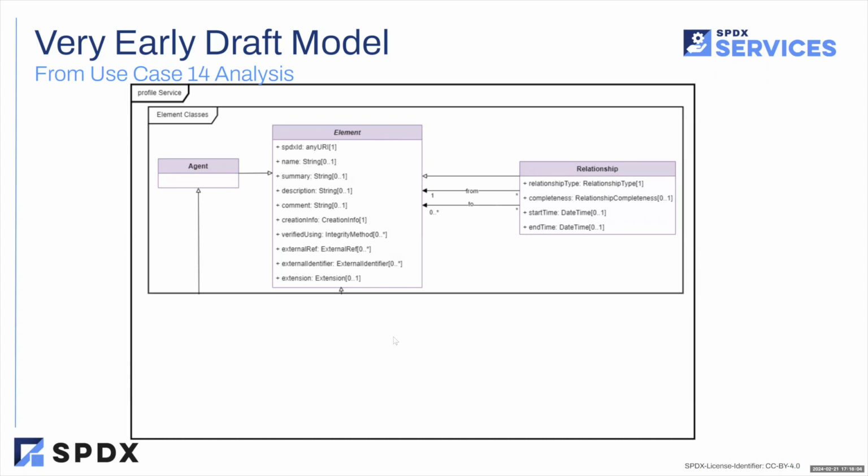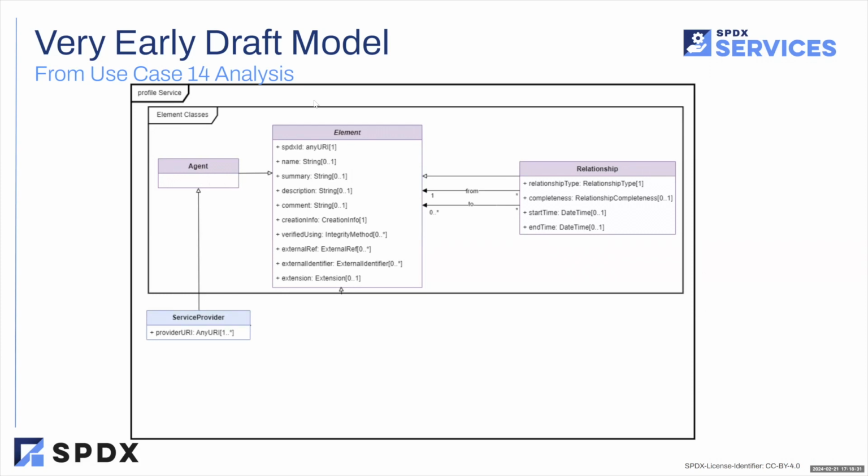Now let's get back to the services profile. So we were talking about that use case where we want to find out about service dependencies. First thing we realized is we needed to be able to describe a service provider. And a service provider really is just a type of agent. This arrow again is saying that this is a type of agent and it gets all the fields of the agent.